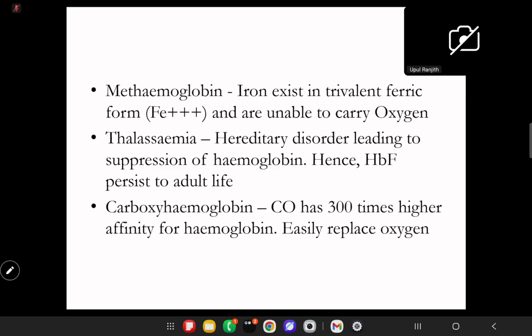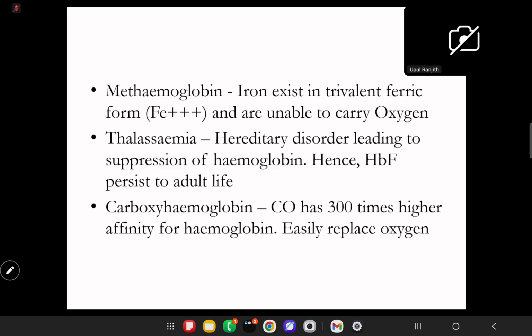Then thalassemia is a hereditary disorder leading to suppression of the synthesis of adult hemoglobin. Therefore, fetal hemoglobin persists into adult life.